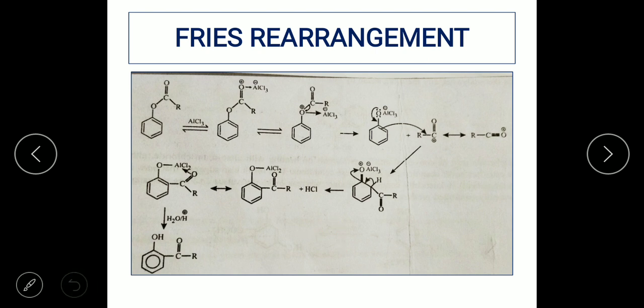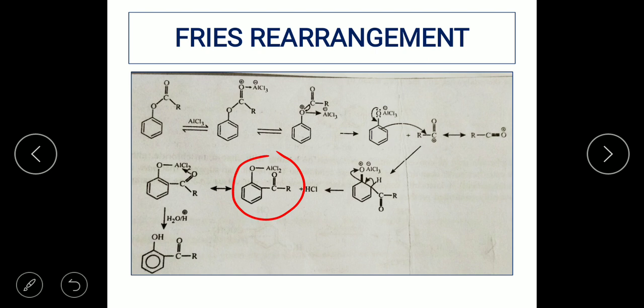Now here you can see there is no positive or negative charge, and this is a perfectly stable structure. At this position we have to hydrolyze, because this rearrangement is one wherein we get a hydroxyl group. A hydroxyl phenol is generated. So the next step would be nothing but the hydrolysis of this intermediate.